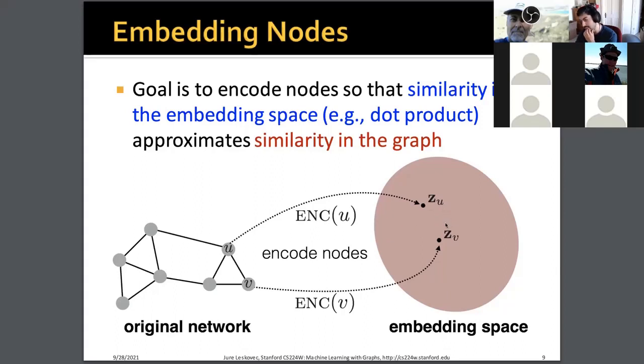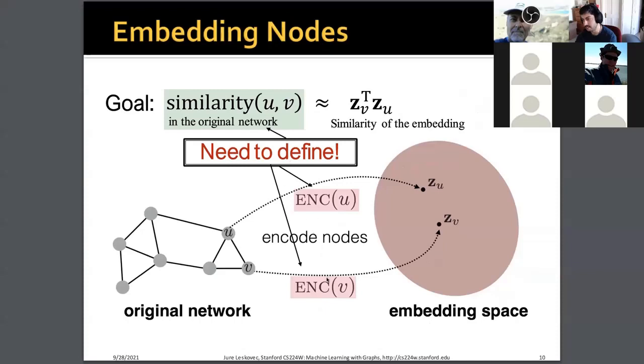And so we have to find some encoding function that maps U to Z of U in this embedding space that puts them close together. And then in theory, we can tell which nodes are similar to each other and which ones are different. And then we can use that information, the encoded information, to do something useful with them, like classify them or do various different tasks.